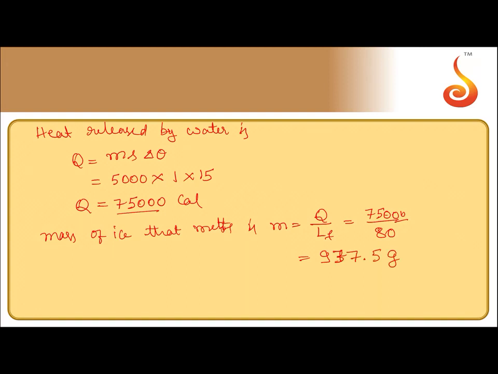So, you have taken 4 kg of ice and only 937 gram of ice will melt. So, whole ice will not melt, hence resulting temperature is 0 degrees only. So, that is option B. Whole of the ice is not going to melt.